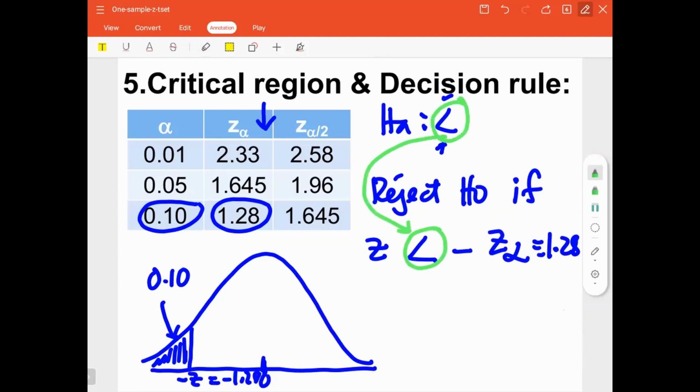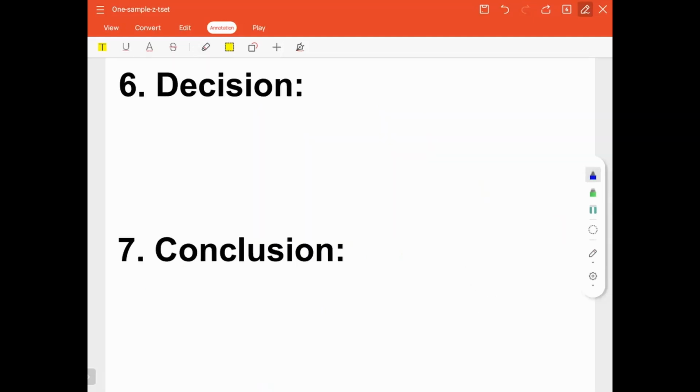Now what will be the decision? All right, so let's come up with our decision. Once again, guys, we are to be guided by the decision rule and our HA. Take note, our HA is mu less than 12 ounces.